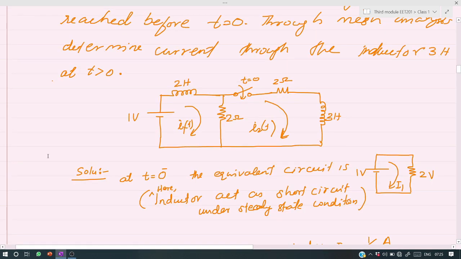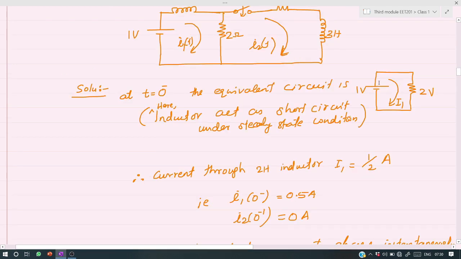So at t equal to 0 minus, that is just before the switch is getting closed, the equivalent circuit is this one. Here inductance acts as short circuit at t equal to 0 minus. Therefore, current through the 2 Henry inductor I1 is equal to 1 by 2 ampere.